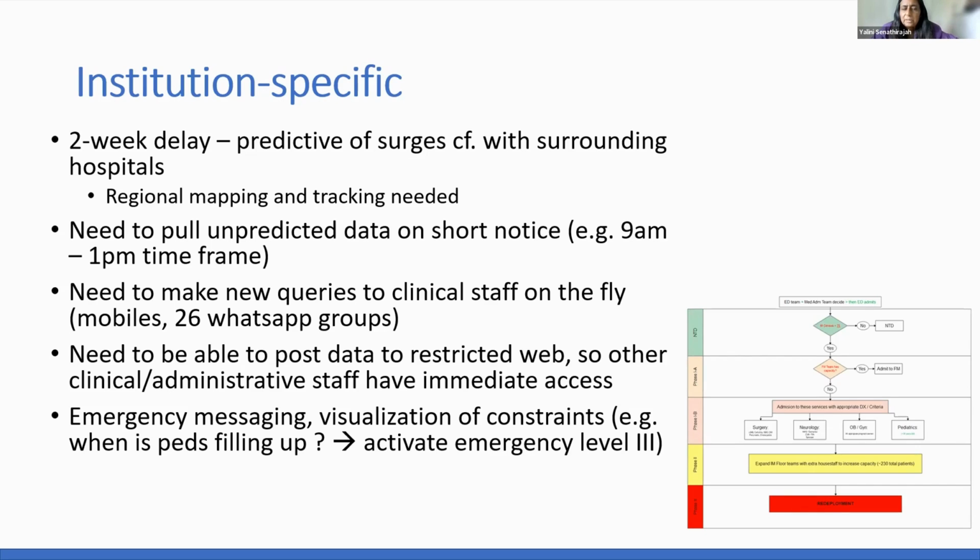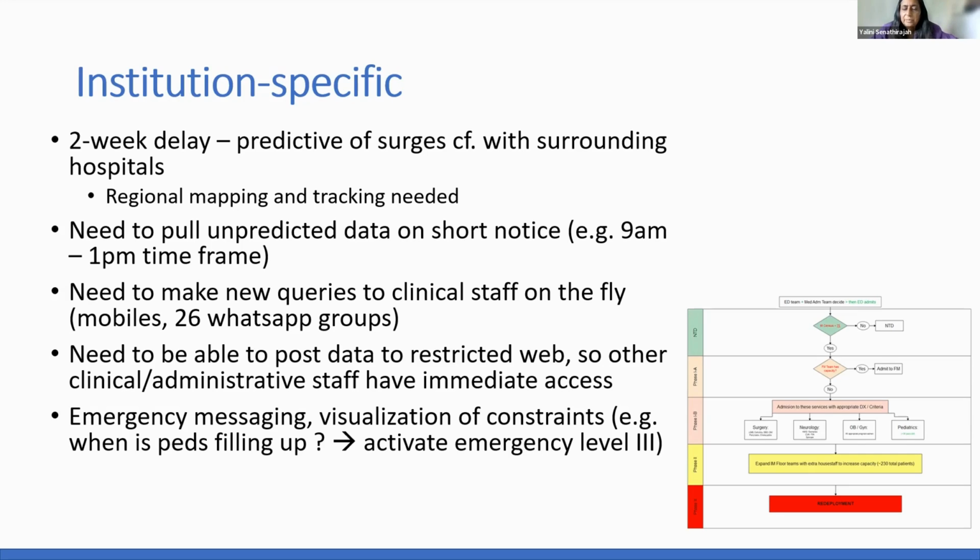What happened in actual practice is that because there was a real need for software and visualizations, people used existing public tools. For example, clinical coordination was done through 26 WhatsApp groups set up by the clinical staff. There needs to be a way to post data of different types to restricted web sites.